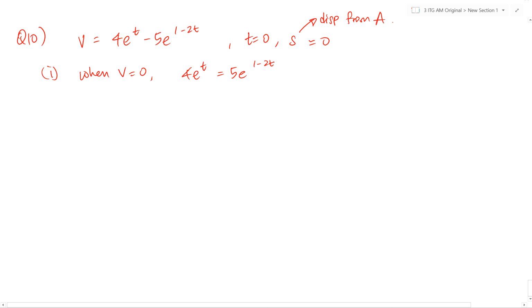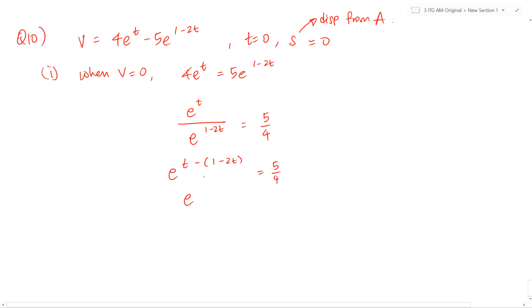There are a few different methods of doing this. I'm going to group all the e terms together. So e^t divided by e^(1 minus 2t) is 5 over 4. On the left-hand side, since they have the same base, I can combine the powers: e^(t minus 1 minus 2t) is 5 over 4. The objective is to have just one e appearing so that I can take ln.